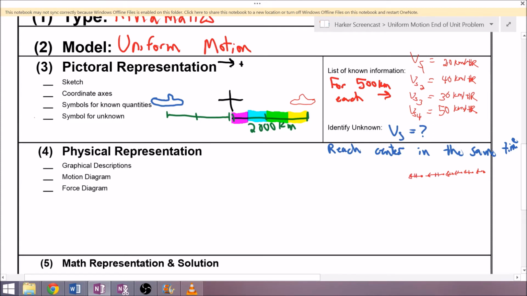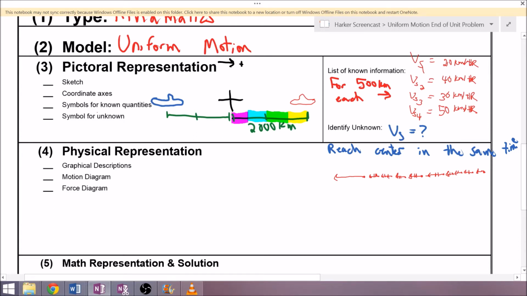And then the next chunk is 30 kilometers per hour, so somewhere in between. And then finally, it does the last 500 kilometers at 50 kilometers per hour, so that should happen relatively quickly.